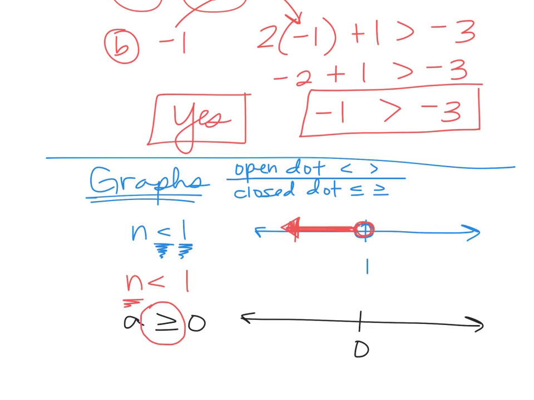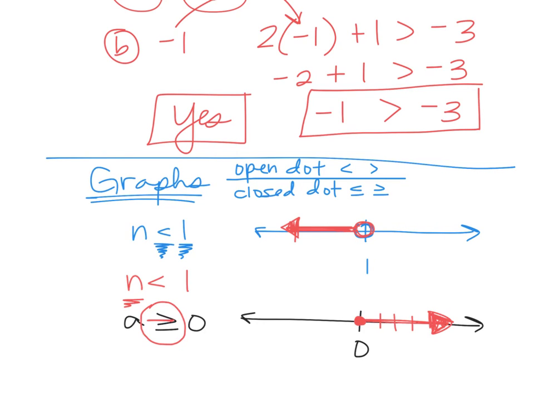It's going to be a closed dot because it includes 0. It could actually be 0. Okay, and what way do you graph it? What way do you shade your arrow? You're going to go to the right. If I turned it into an arrow, my arrow's going to the right. I want everything that's greater than or equal to 0. So 1 is greater, 2 is greater, 3 is greater.